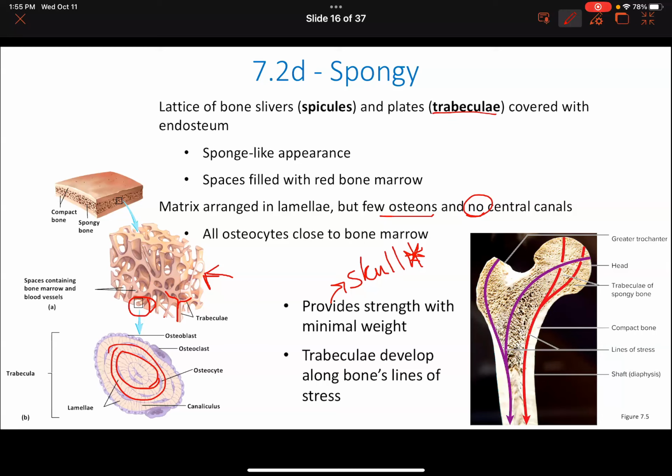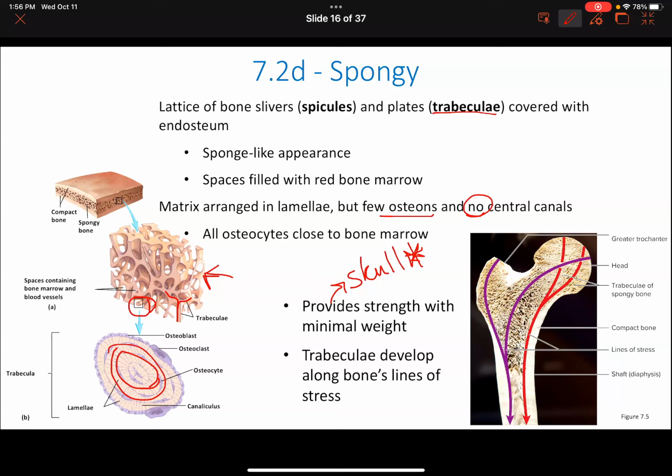So this is a benefit of spongy bone, is that it's going to give us that strength without all of the weight. As I mentioned on a previous slide, the trabeculae of spongy bone are going to form in a way that they're going to take on where the most stress is coming from, physical stress, where the weight is bearing down.